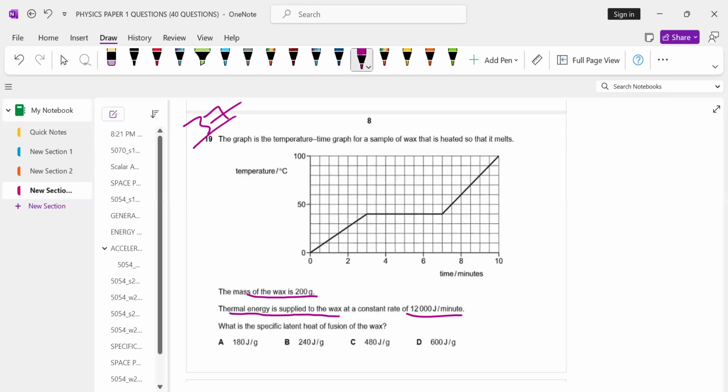What is the specific latent heat of fusion? So the formula for specific latent heat of fusion is small l equals Q, which is thermal energy, divided by m, which is mass. Mass is given, and the mass is 200.